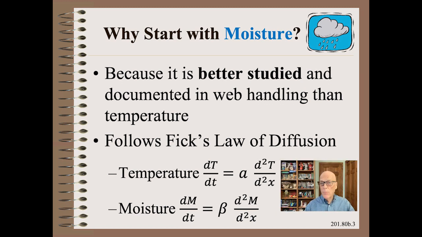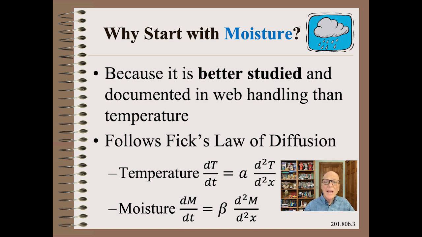Let me elaborate more about moisture and temperature. Fick's law of diffusion applies to both moisture and temperature. Notice the only tiny and trivial differences are the variable of concern is temperature for most materials and moisture for paper and certain plastics.